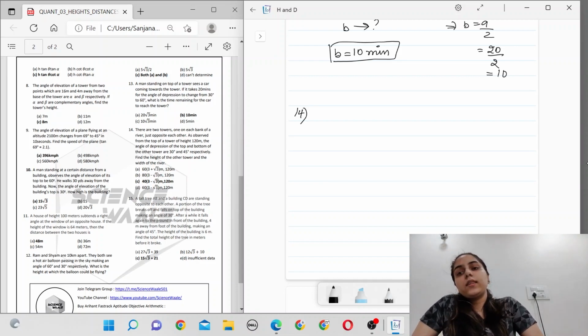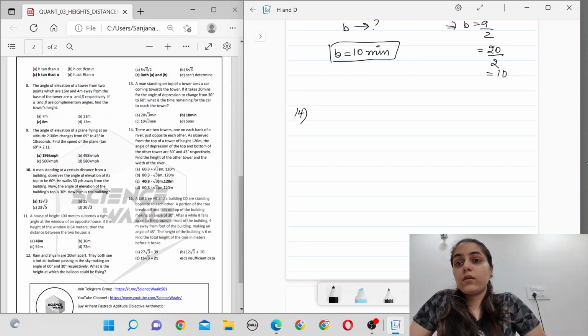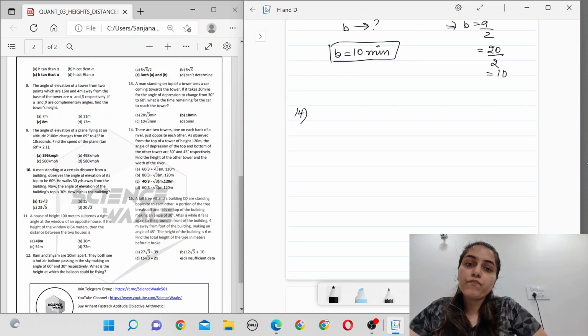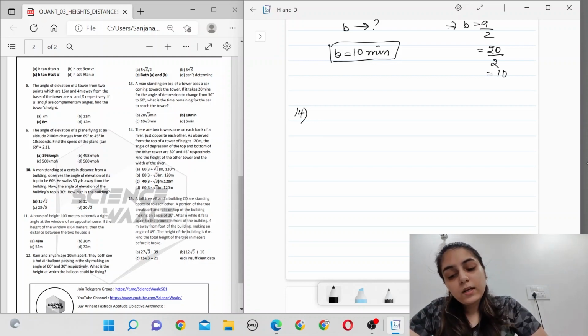This is a very easy chapter, but a most important chapter, be it for any exam. There are going to be either 1 or 2 questions for sure from this particular chapter, and these are very easy scoring areas where you can score, and I hope you all score well and do best in your exams. So moving ahead to the last but one question.